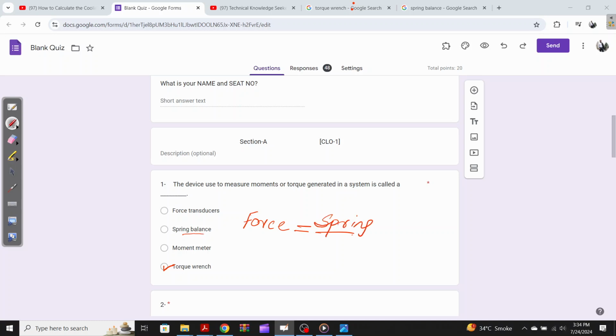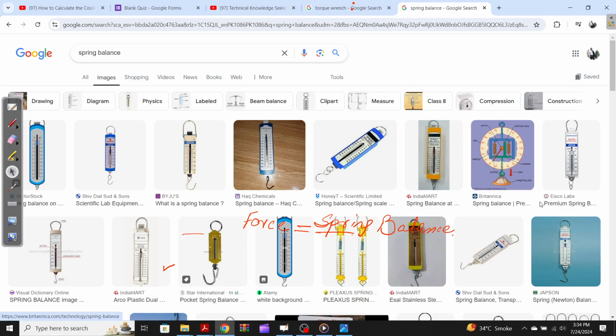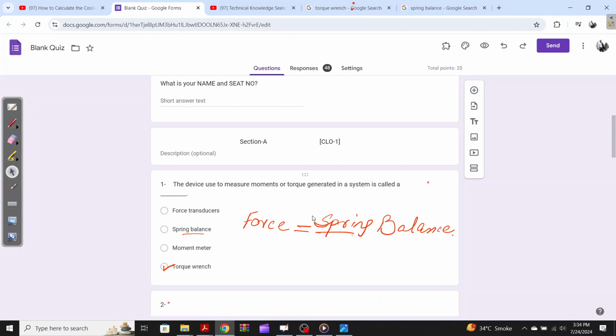This might be helpful for you when you go and work in the industry, so I just wanted to give you some extra information. If you look, this is a spring balance that you shall be using. Once this is clear, we can just rub it off. So this answer is solved.